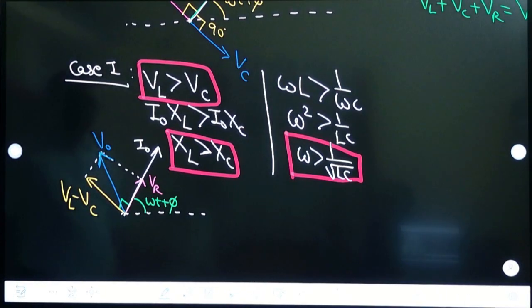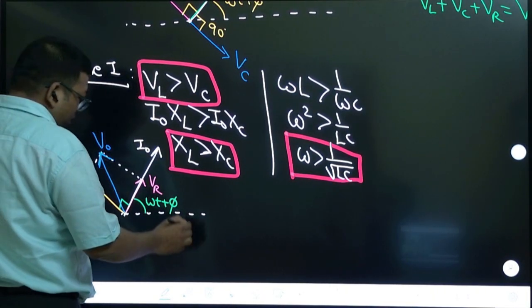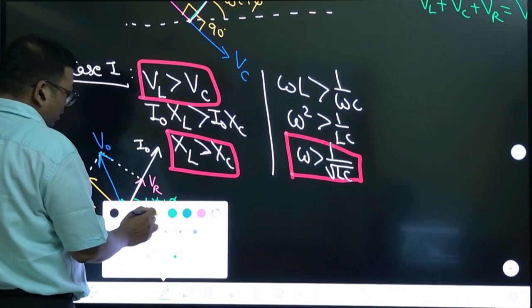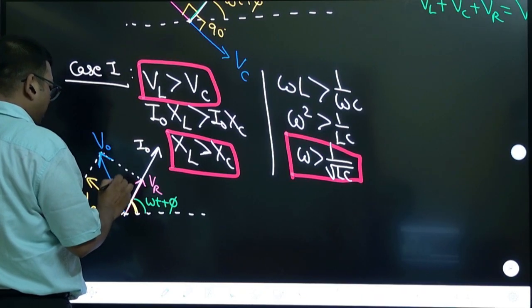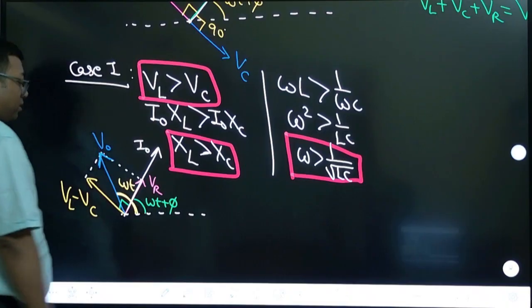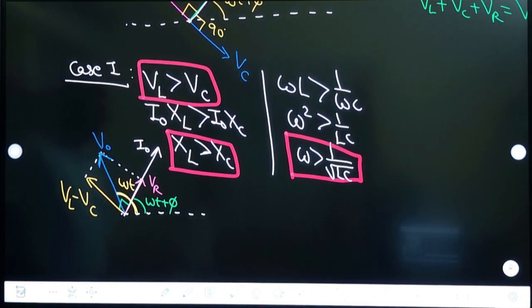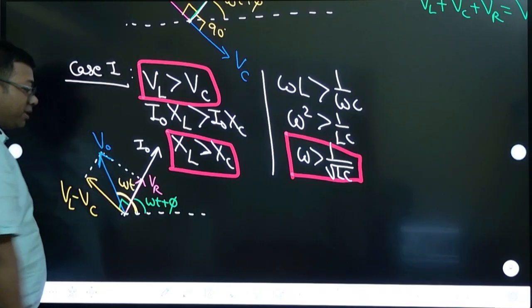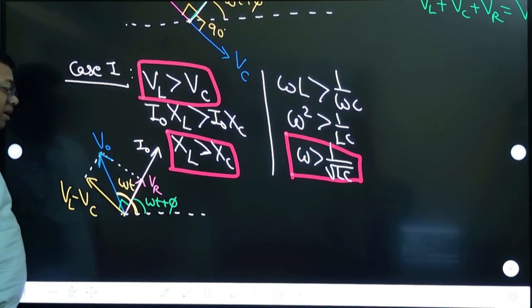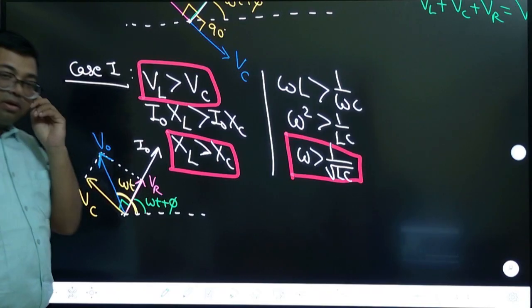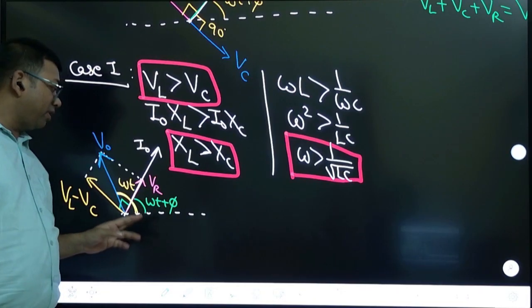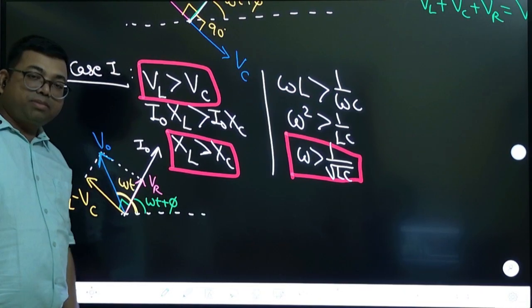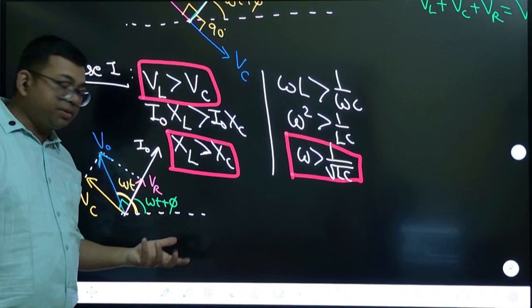But we know that from the horizontal line, this angle must be omega t, because voltage angle is always omega t. Correct? Voltage angle is omega t, and this is omega t plus phi. So definitely phi must be negative. Because this omega t plus phi is smaller than omega t, so phi must be negative. You have to subtract that.